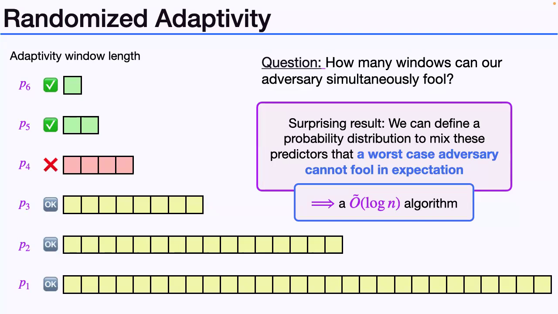Yes, good question. Basically, why doesn't the adversary pick something as short as possible so that we can't go less than it? Because it turns out that that's actually really good for us.